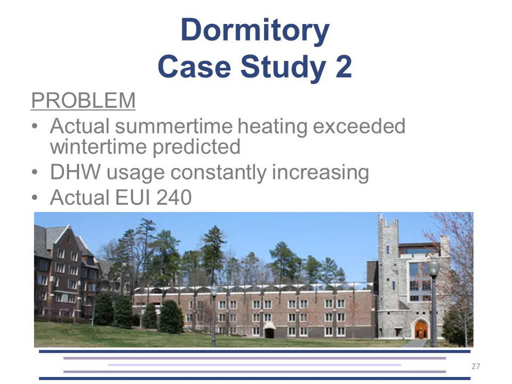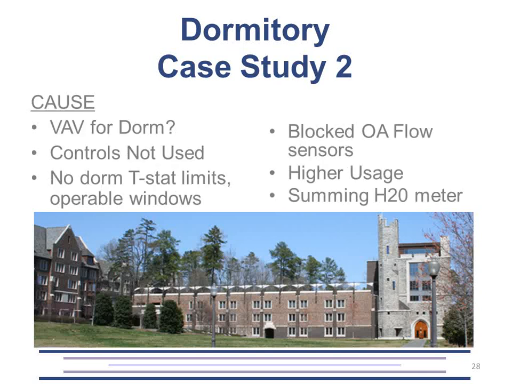They have more of a vested interest in what those operating costs are. So what was the cause? The big one you'll probably see here is that their BMS was taking the domestic hot water meter and continually summing it rather than resetting it on a monthly basis, which for a dorm, as you can imagine, has a big contribution there. Some other things, higher usage.